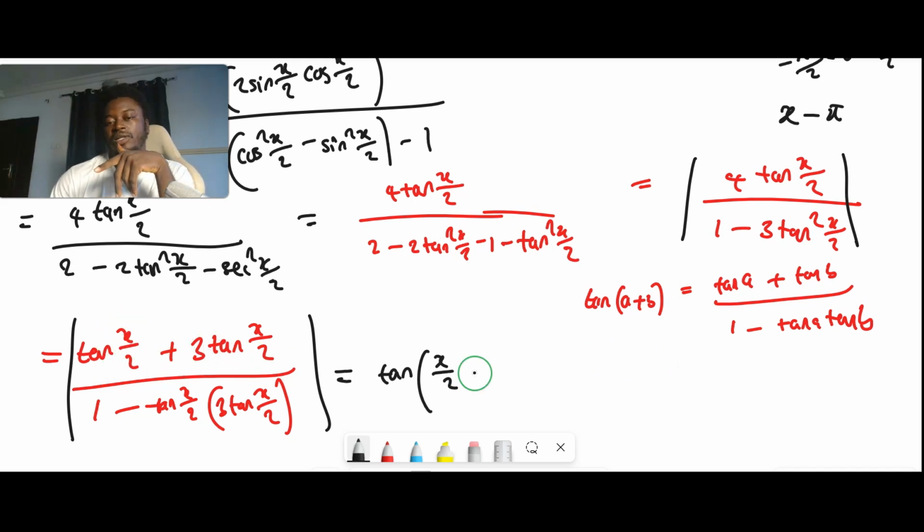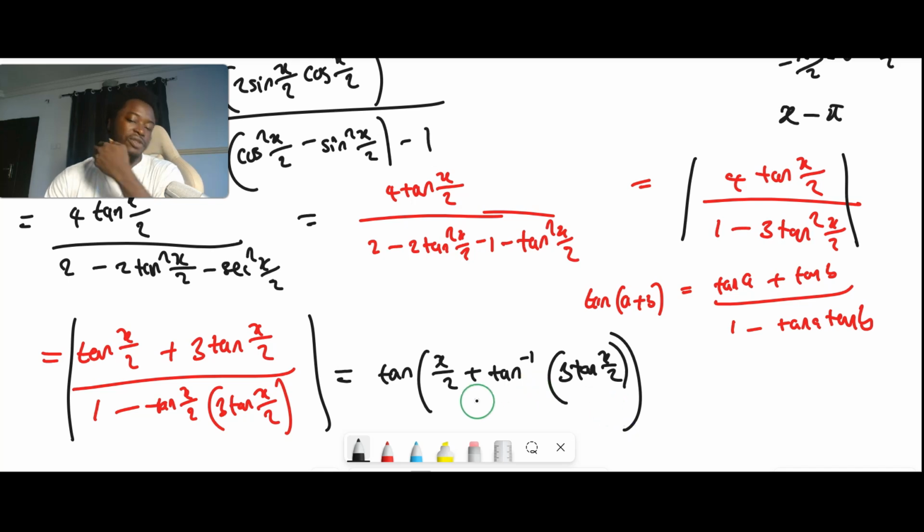Then what about this part? Well, this will be plus tan inverse of 3 tan of x over 2, of course. Now, you may not believe me, but check it out. If you use the addition theorem, you will have, first of all, tan of x over 2. Then secondly, you will have a tan.